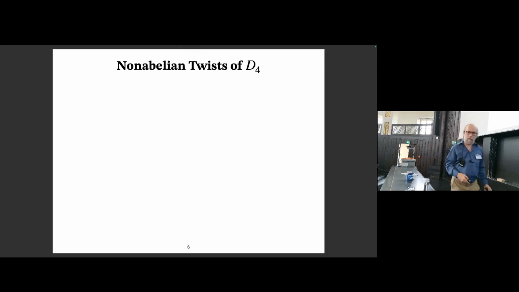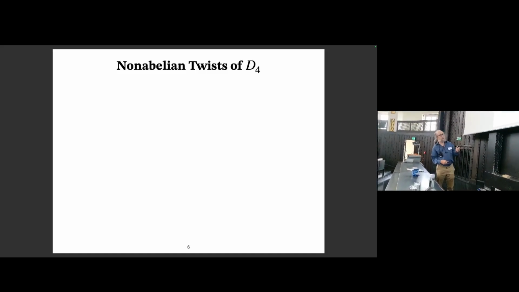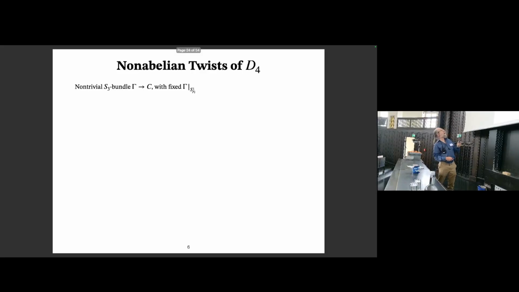Okay, so now that was all preamble. That's introduction. Now we actually get to the talk itself about the non-abelian twists of D4. So again, I'm interested in non-trivial S3 bundles, or the isomorphism classes of non-trivial S3 bundles on this punctured curve, where I fix the bundle restricted to a little circle surrounding each puncture.